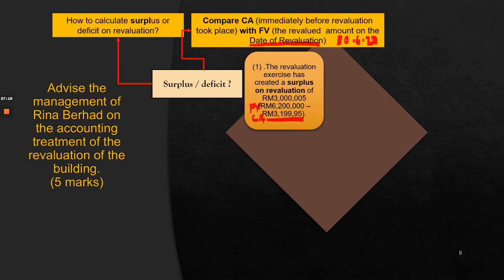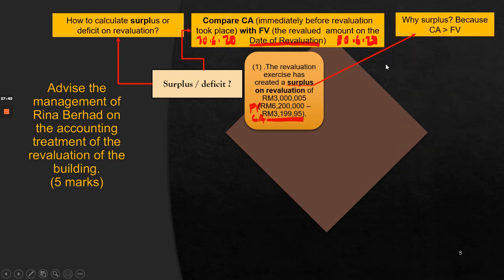We have already calculated the carrying amount from our previous question. So if you compare fair value with the carrying amount, you will have a surplus. Why surplus? Because fair value is more than the carrying amount.